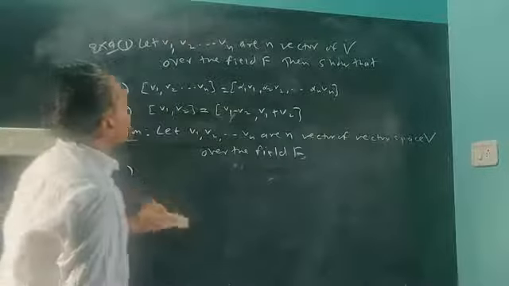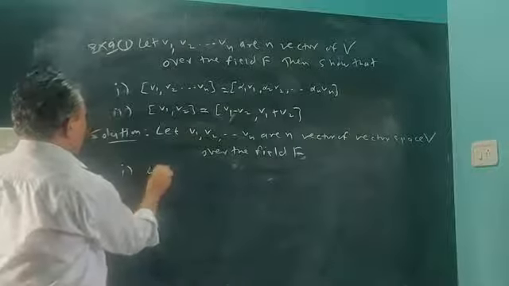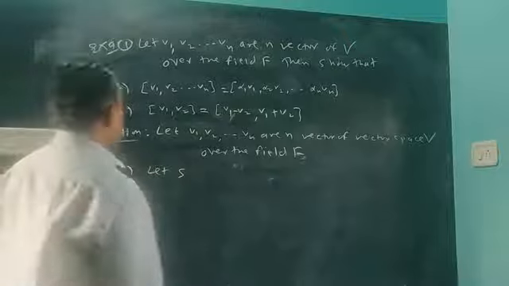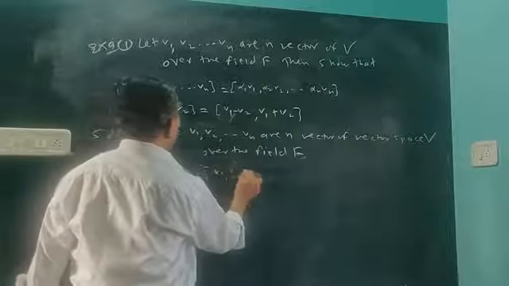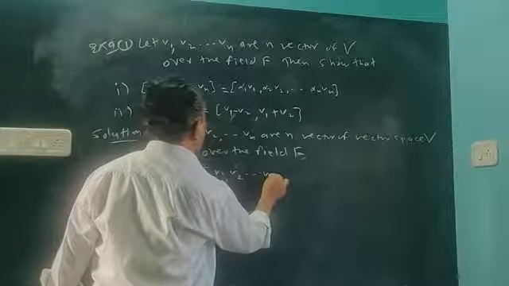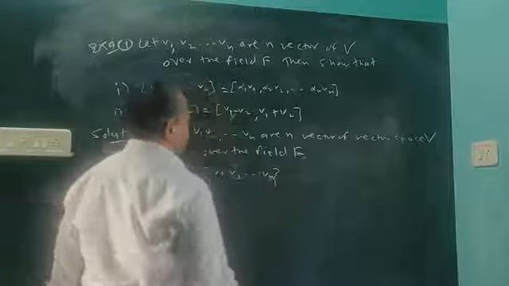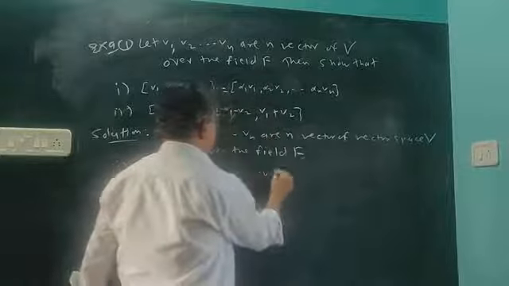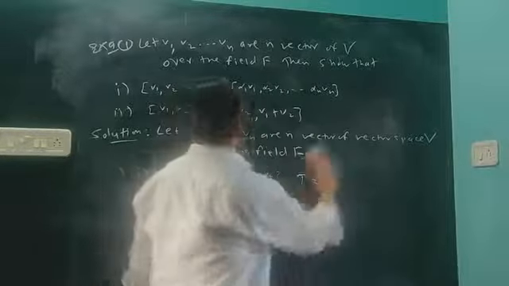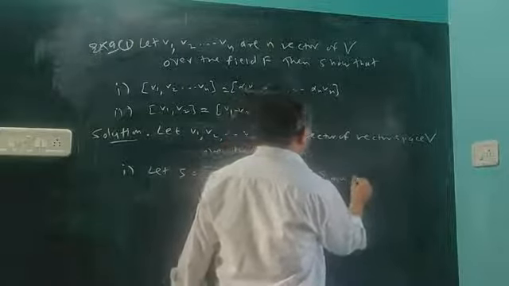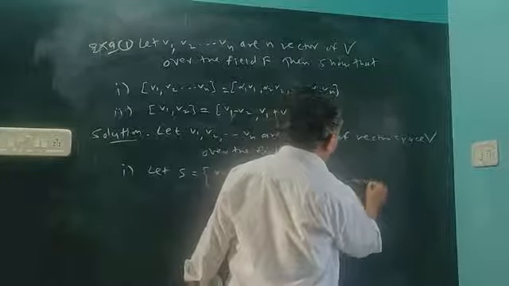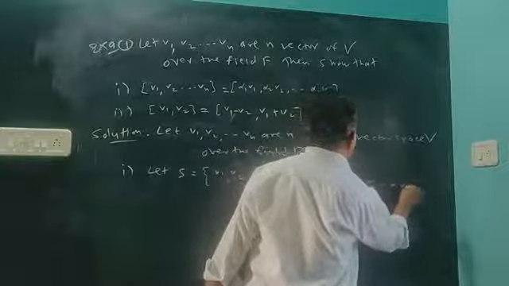Suppose I take some notation: let S be the set of vectors v1, v2 up to vn, and T another set of vectors alpha 1 v1, alpha 2 v2 up to alpha n vn.